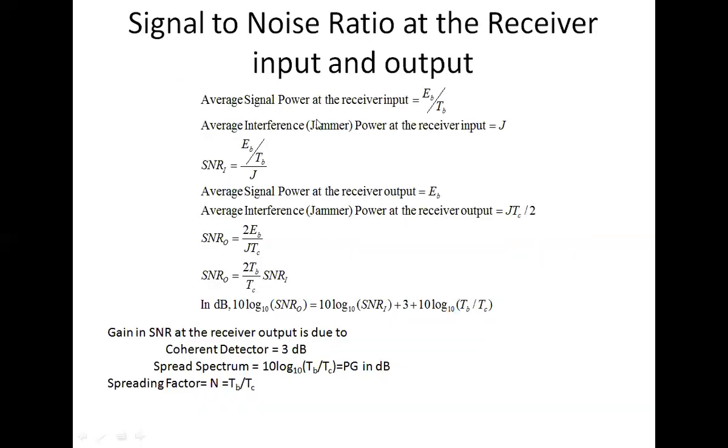So here at the receiver input, we have the average signal power, which talks only about the signal part, that is E_b by T_b. Why E_b by T_b? E_b is the signal energy, divided by one bit duration. So E_b by T_b is the average signal power at the receiver input.